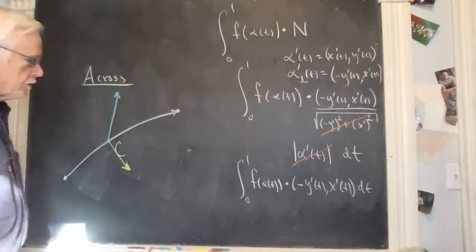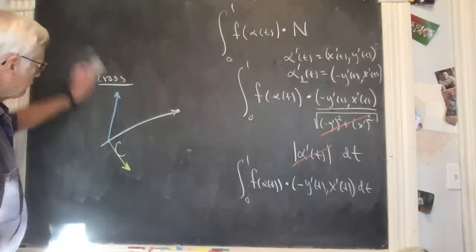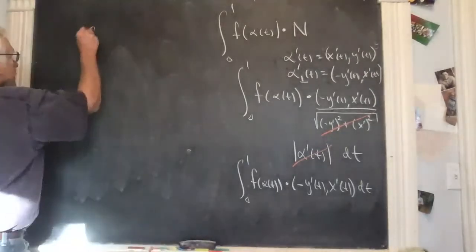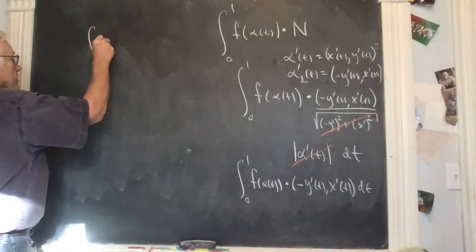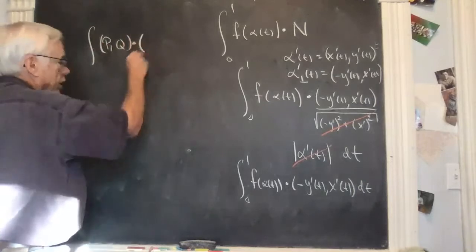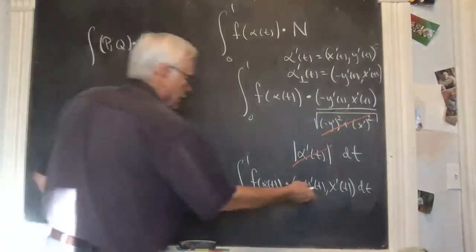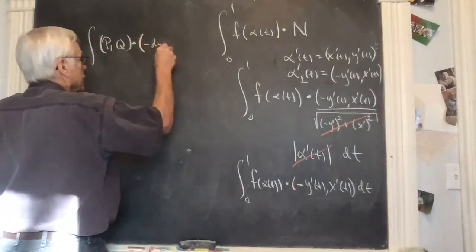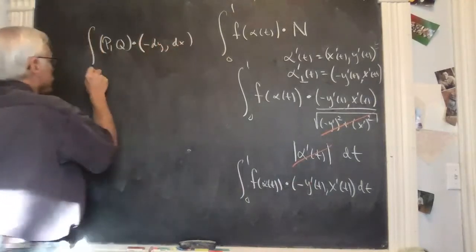So this is it. But there's a little bit more here. This is the integral of PQ, this time dot product with minus dy, dx over c.